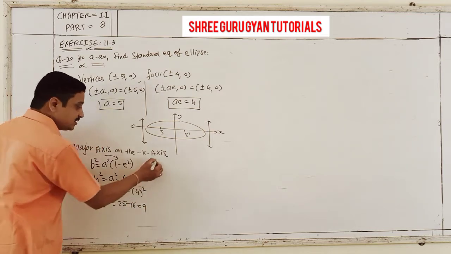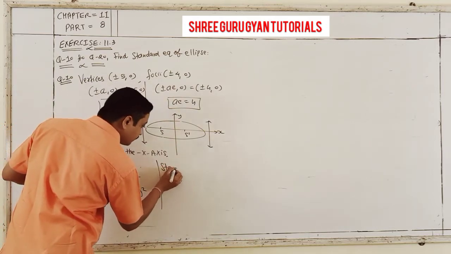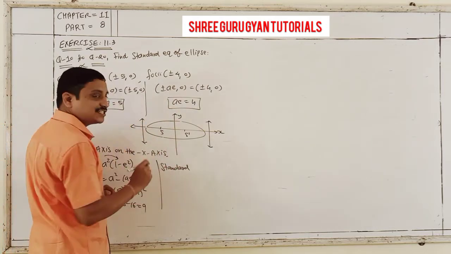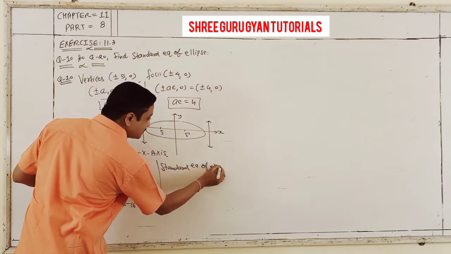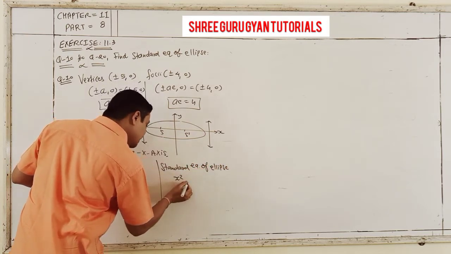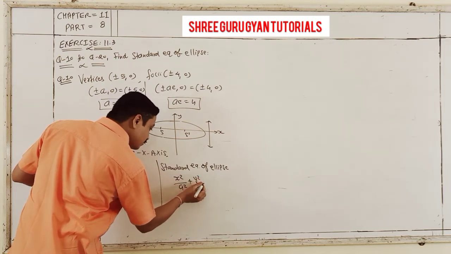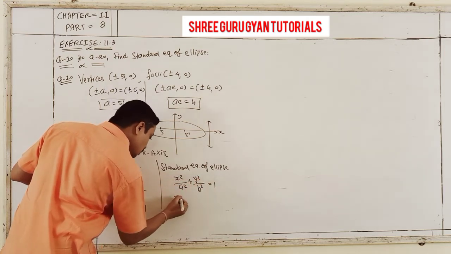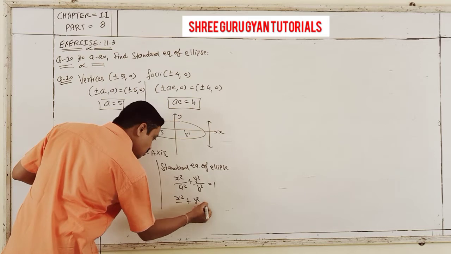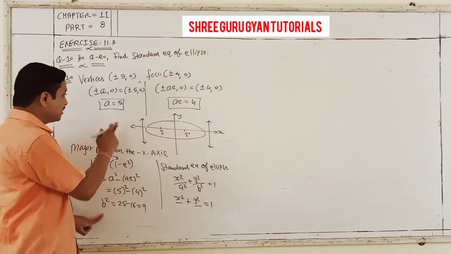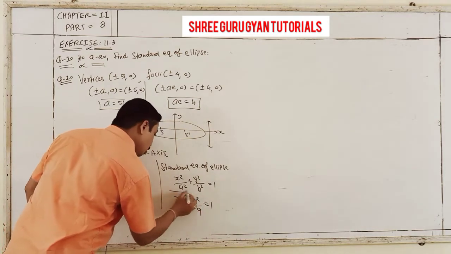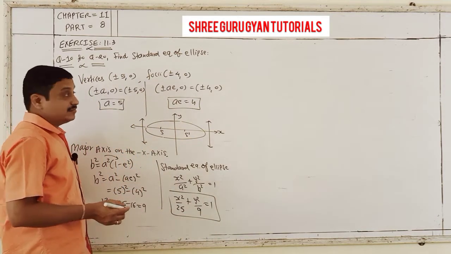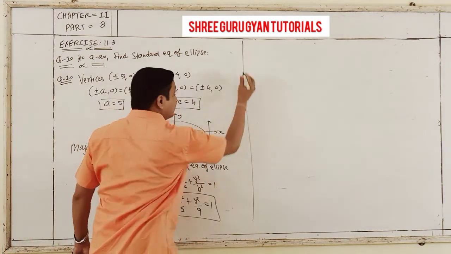It means standard, center 0 0, equation of ellipse is x square by a square plus y square by b square is equal to 1. You put down all values: a square is 25, b square is 9 already. You do not make the square again, it is b square.